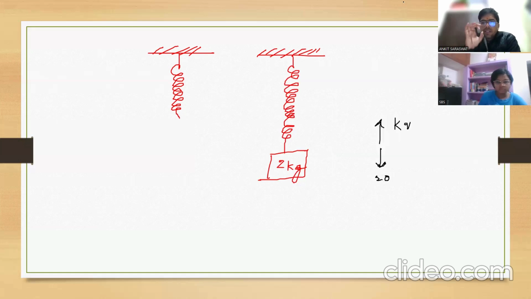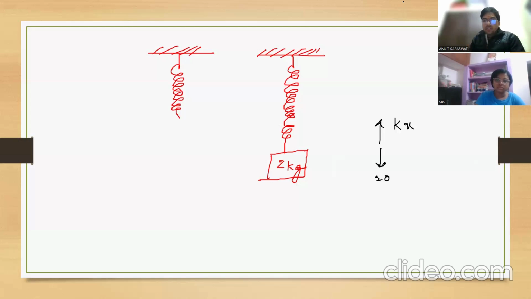I know it will oscillate, and it will come to rest after a little time. When you attach a mass, it will come to rest after a certain time. But the spring will elongate because of this weight. It has a spring force that balances the weight of the object. Gravity is pulling this weight down, but the spring applies a spring force that is k into x.